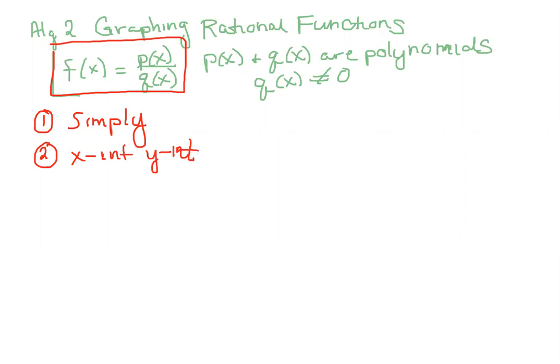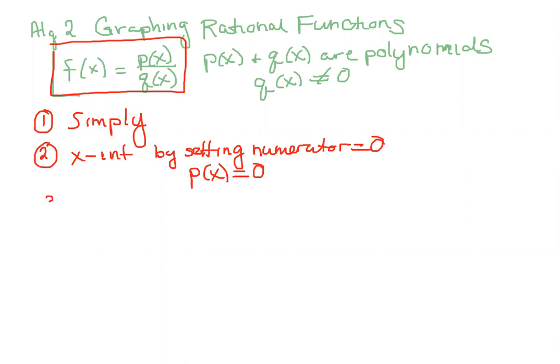We're going to find the x-intercept by setting the numerator, which is p of x, equal to 0. And then we're going to find the vertical asymptote by setting the denominator, which is q of x, equal to 0.